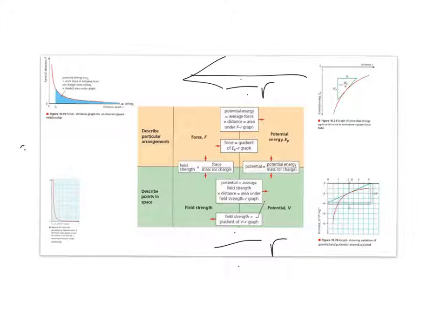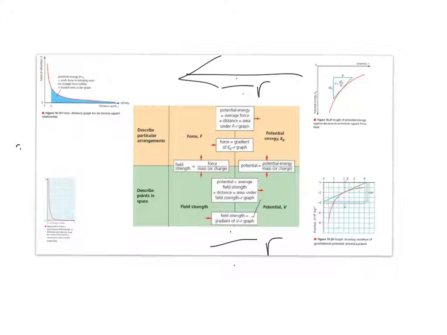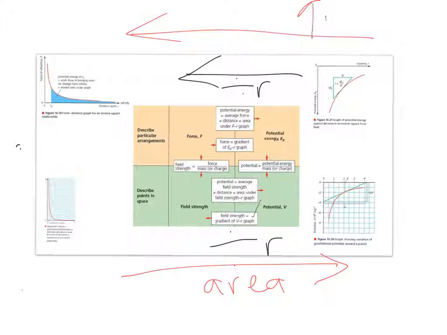So it follows that potential energy divided by R, which is also equivalent to the gradient of a potential energy distance graph, will give you force. So once again, if you go that way, it's area, and if you go this way, it's gradient.